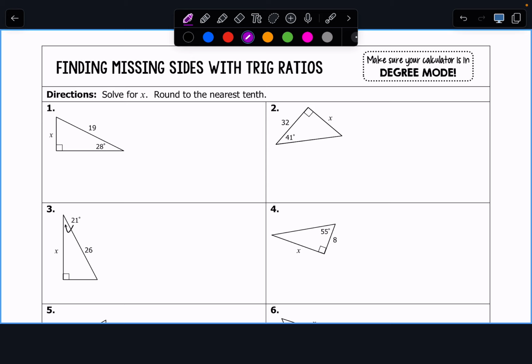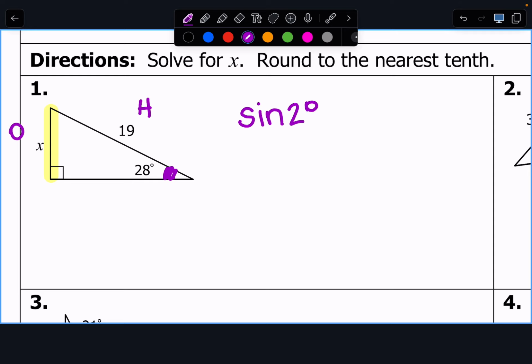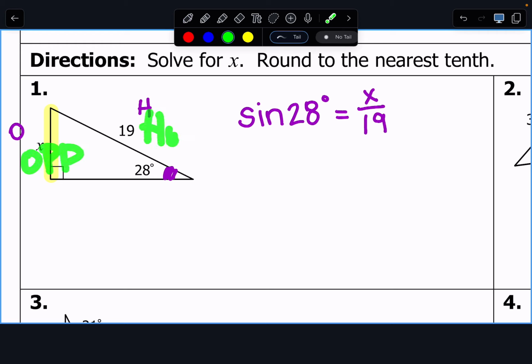You take the sine of 28, and then you set that equal to X over 19? Yeah. Okay, so I'm going to take the sine of 28 and set it equal to opposite over hypotenuse. Opposite over hypotenuse.